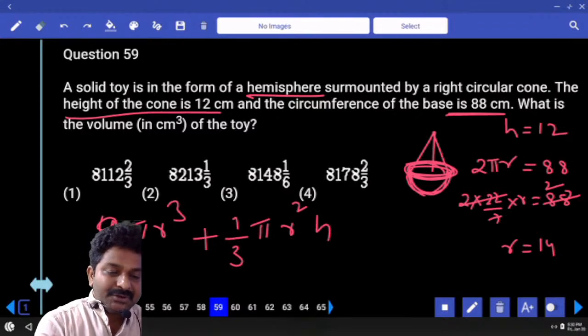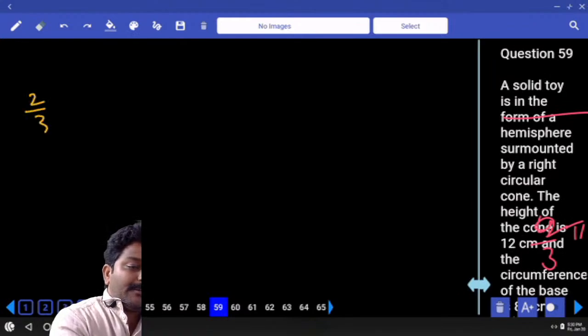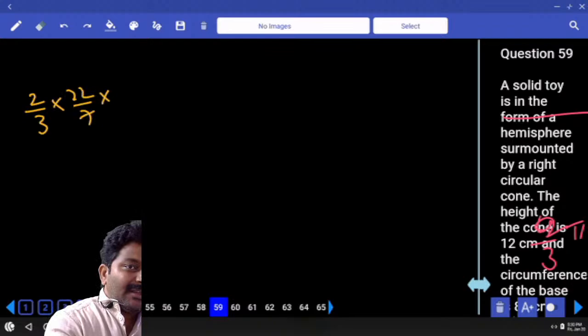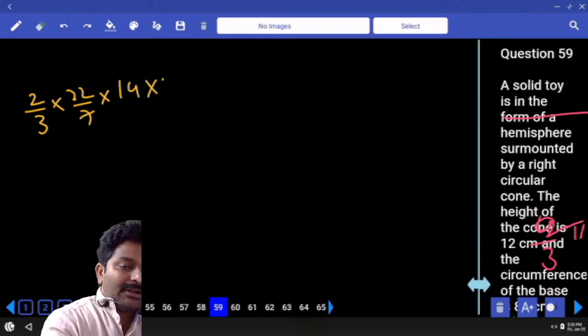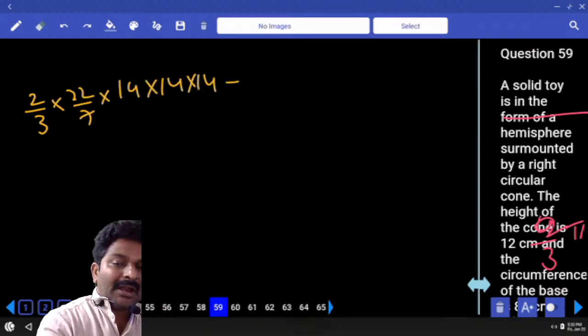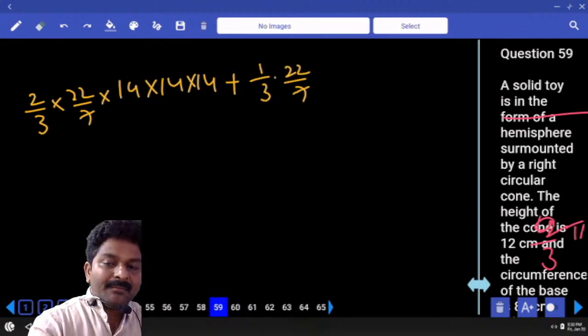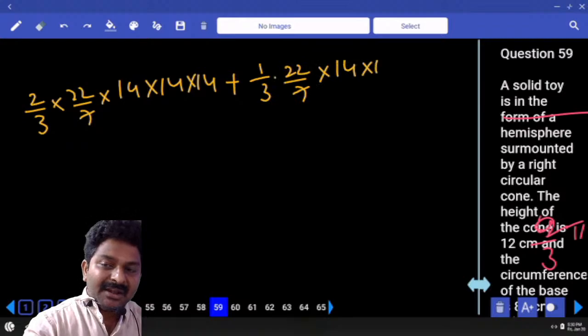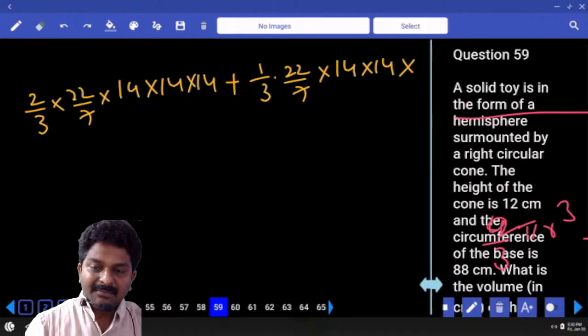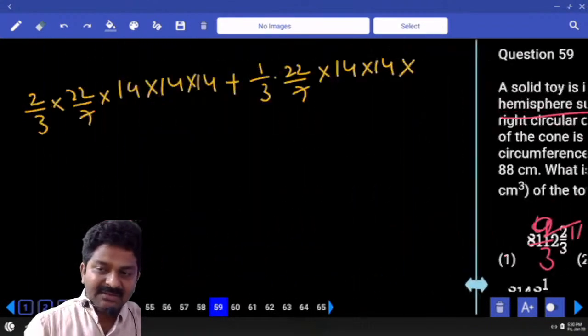Now let's substitute values. 2/3 pi, 22 by 7, r cube. How much is r? 14. 14 cube. And then volume of the cone 1/3 pi r square, radius is common, and the height is given as 12.